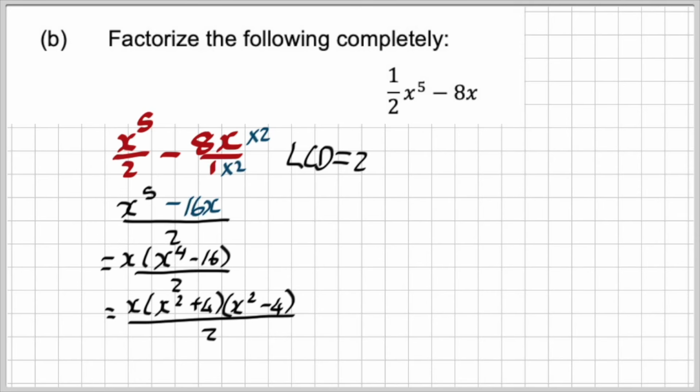Now I need to repeat the process with the x squared minus 4, not the plus 4. That's not a difference of 2 squares. So I'm going to factorize that x squared minus 4 into x plus 2 and x minus 2 over 2. That is the way I would show my students how to do it.